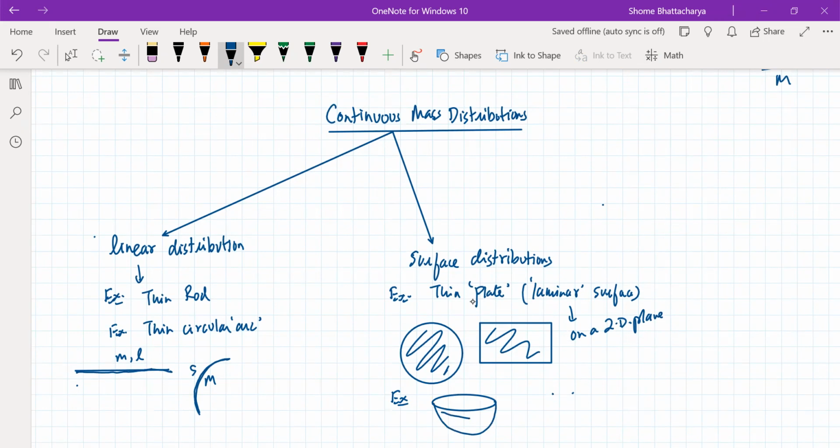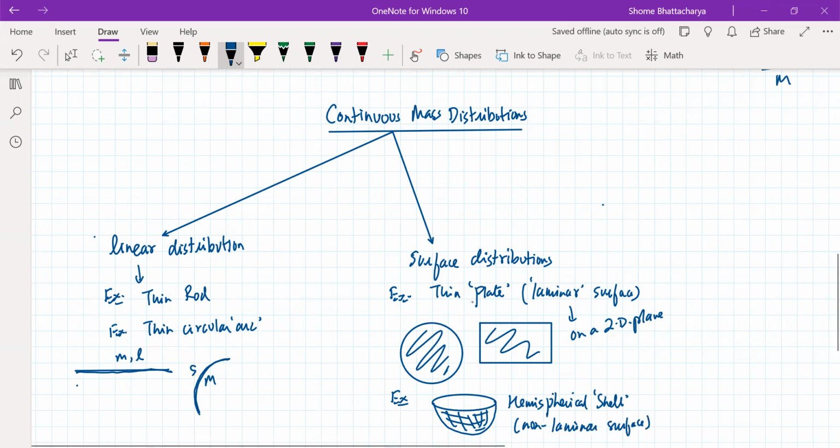The mass is distributed over a curved surface like this. So it's a hemispherical shell kind of thing, a non-laminar surface. We could have an open cone, anything like that. So these are examples of surfaces which are non-laminar.